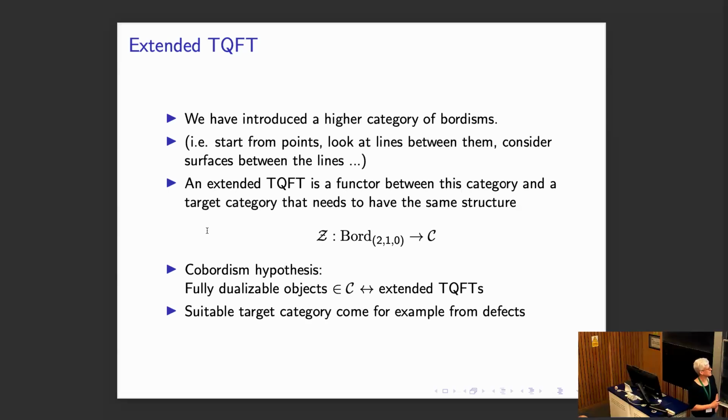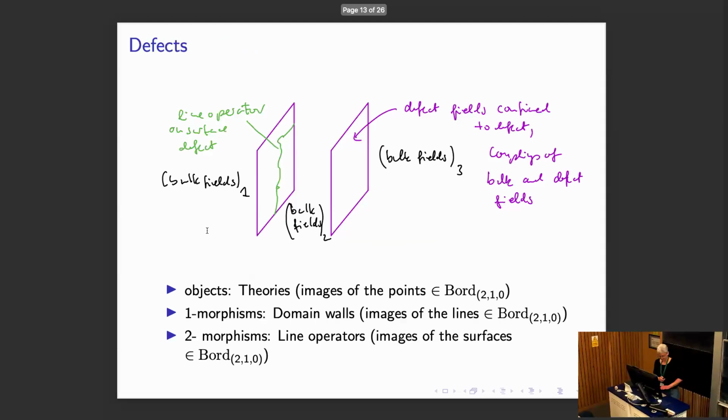And then the cobordism hypothesis says that there's a one-to-one correspondence between these fully dualizable objects here and extended TQFTs taking values here. So we need a target category, and we don't want it to be Vect, but we want it to be something else.